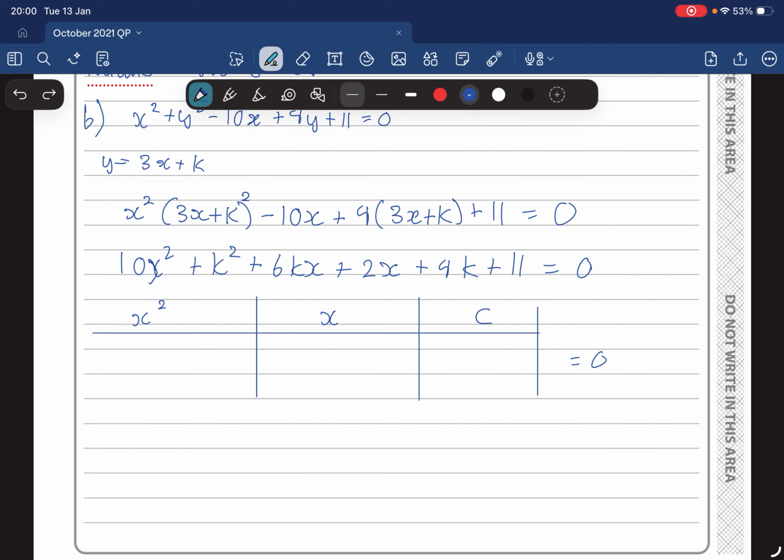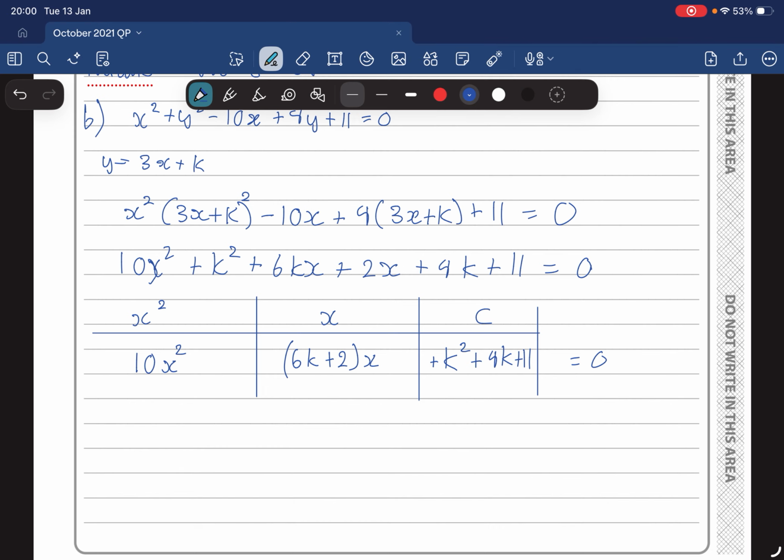So the quadratic part would be 10x squared, the x part would be 6k plus 2 times x, and then the constant would be k squared plus 4k plus 11.